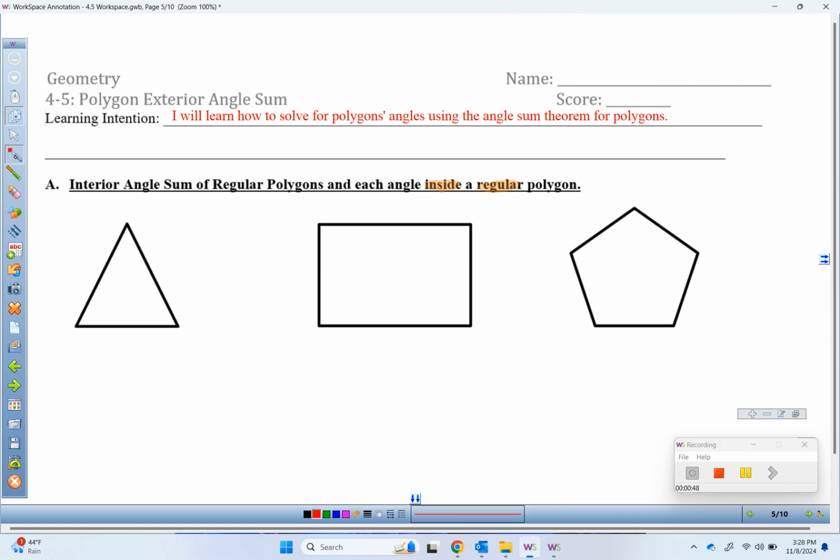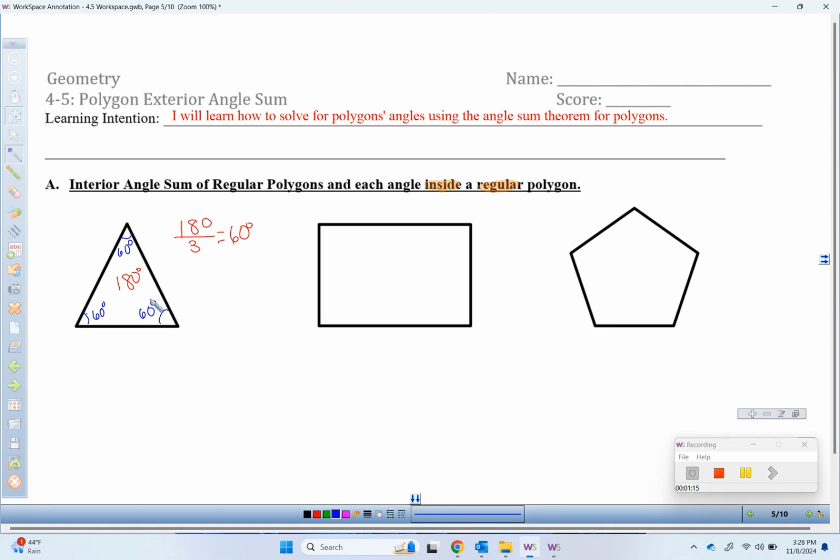Okay, so if we know that the sum of a triangle is 180 degrees and it is regular, we can simply take that 180, divide by 3 to get 60 degrees, and we know that if it is regular, meaning all angles and sides are equal, each interior angle is 60 degrees.